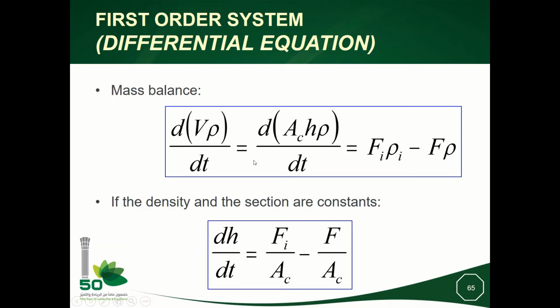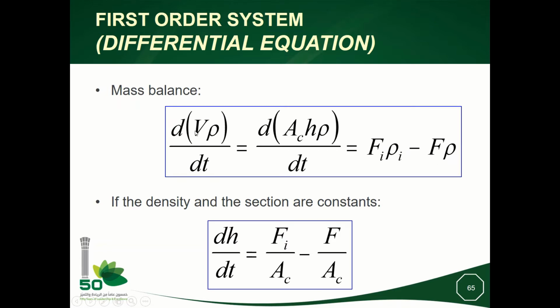So here we will use the mass balance equation in order to write the differential equation that satisfies the height h. So we will apply the principle of continuity. It means the variation of the mass over time is equal to the flow in minus the flow out.